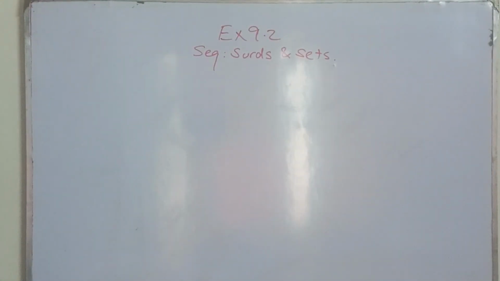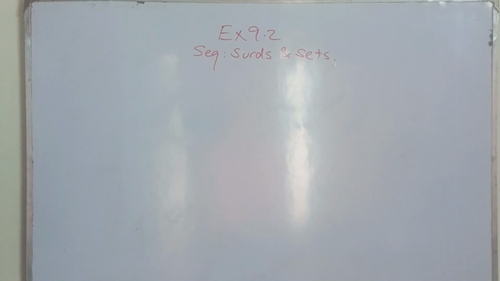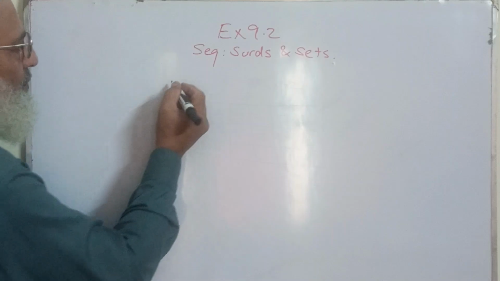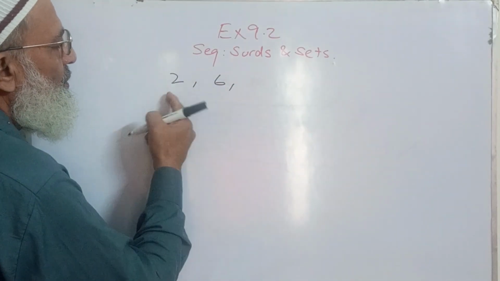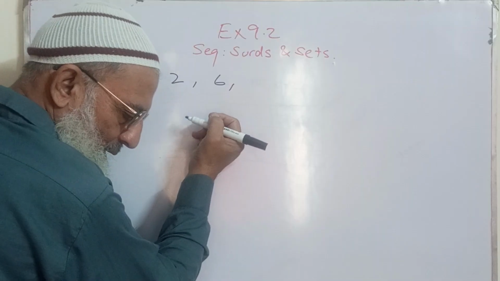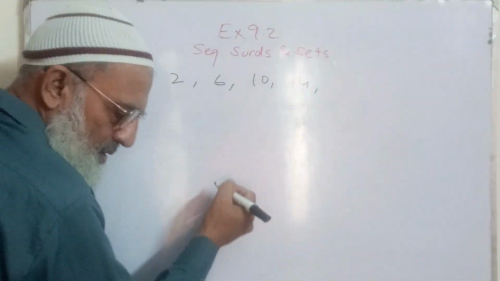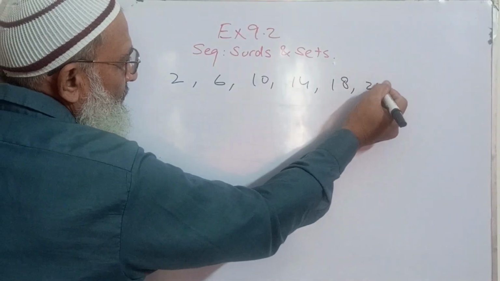So just to recall what we were doing: we were finding the next terms. We start from a sequence which is given to you: 2, 6, 10, 14, 18, 22, and 26.